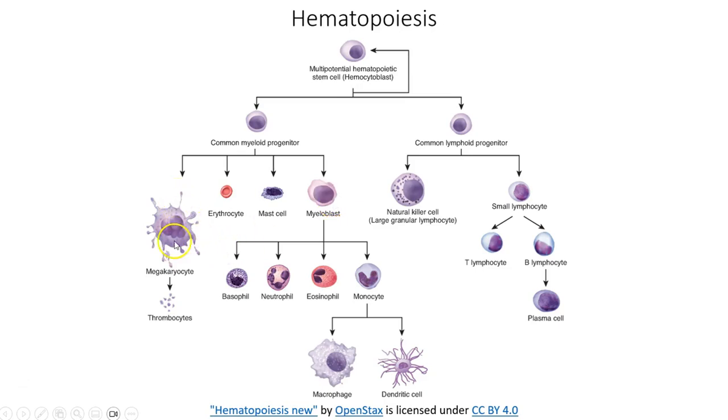They can become megakaryocytes, which produce platelets or thrombocytes. They can become erythrocytes or red blood cells. They can become mast cells, which are part of our allergy response. They produce histamine. Or they can become myeloblasts, which can then further divide into 4 different types of cells.